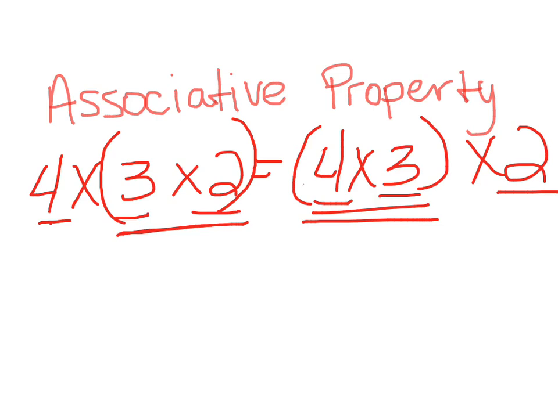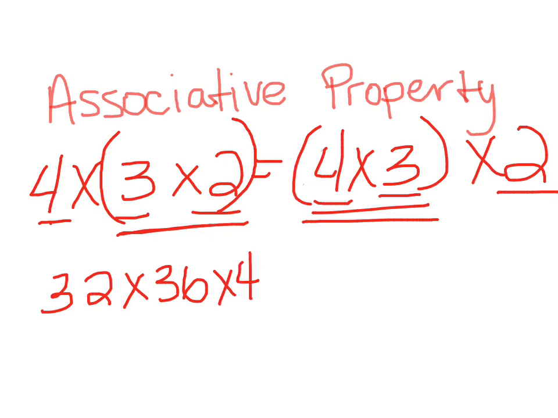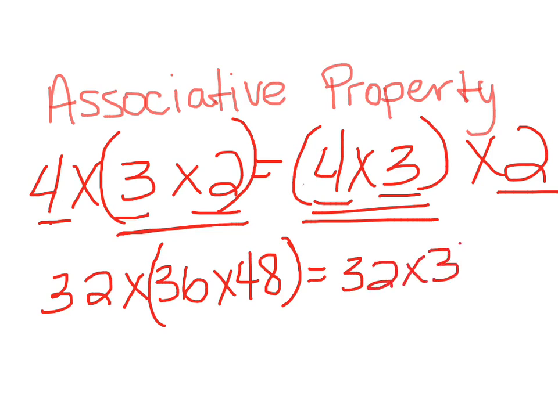So like, for example, number 9 on your task cards. 32 times 36 times 48. In the first group, 36 times 48 is in parentheses. And then it says equals 32 times 36 times 48.